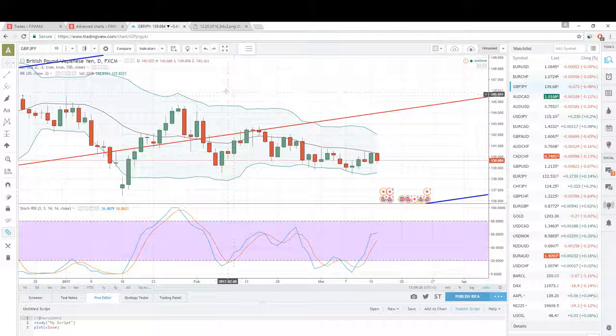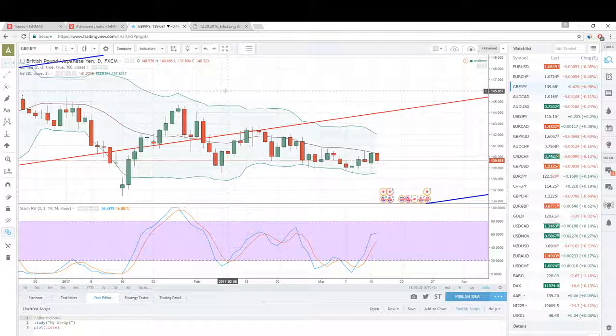They mean indecision. Dojis are also pretty often found after a period of indecision, meaning when the market is resting after significant events, significant moving higher or lower.